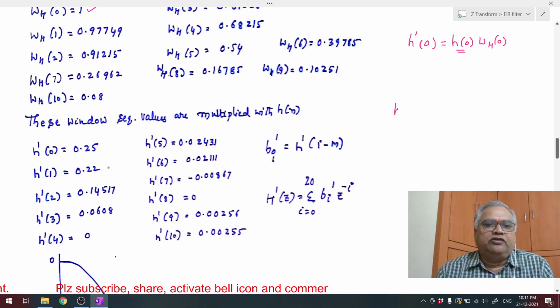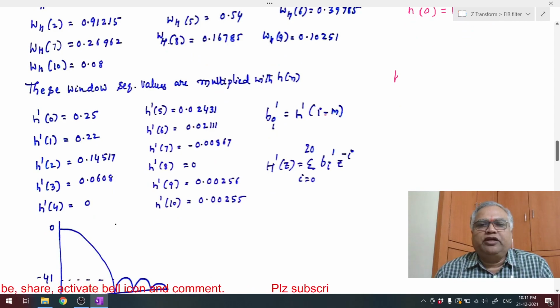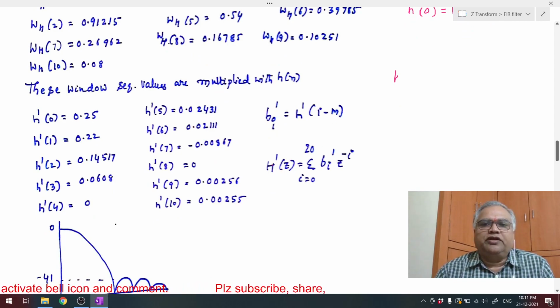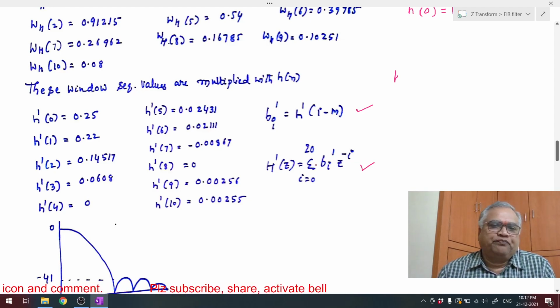Like that, find all values. Then b_i prime equals h prime of i minus M. This was already discussed earlier. Then H prime of z equals the sum from i equals 0 to 2M of b_i prime z to the power minus i. This formula is also already given. So stop here.